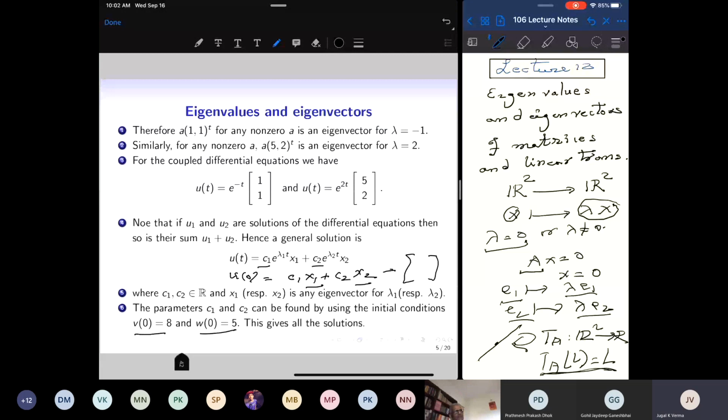Finding roots of a degree n polynomial is a complicated problem because for quadratics and cubics we can solve. For quartic equations also we have exact formulas for solutions, but beyond quartic equations we have to use numerical methods to find the roots. So there are very effective methods to find the eigenvalues and eigenvectors, and in practice they work.